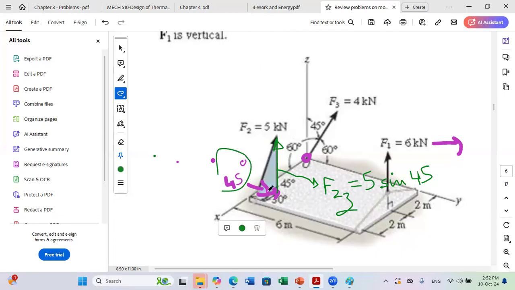This angle will give me this length, the projection on XY. I will call it L, and this length of projection is F2, which is 5, times cosine 45. But L is not X and is not Y.